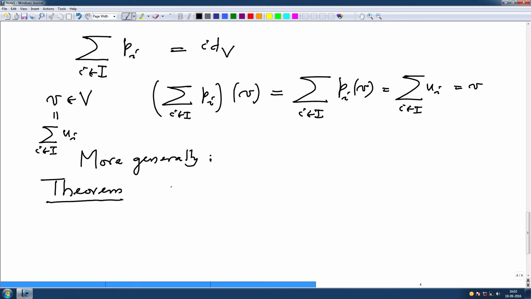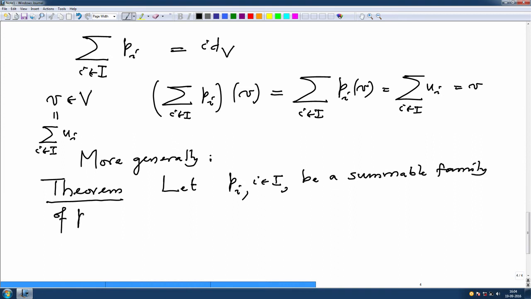Theorem. Let Pi, i in I, be a summable family of projections on V. Suppose this family has two properties.